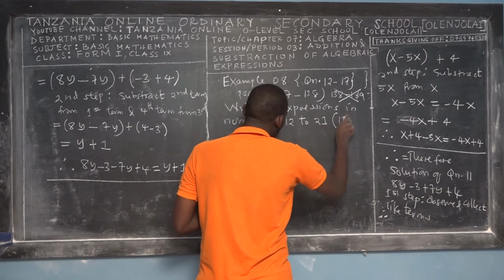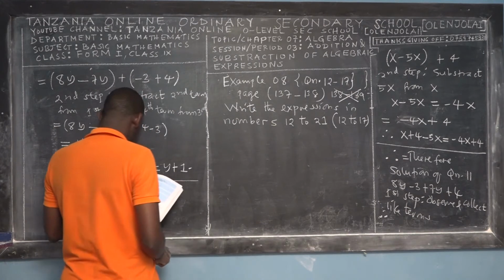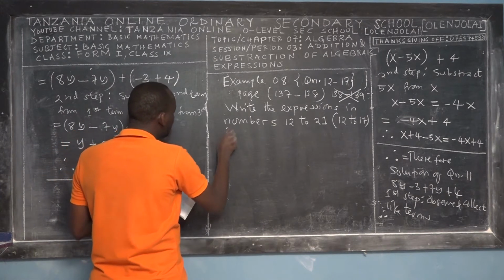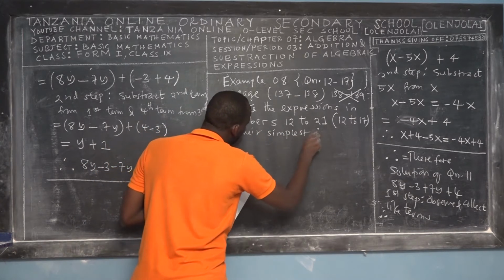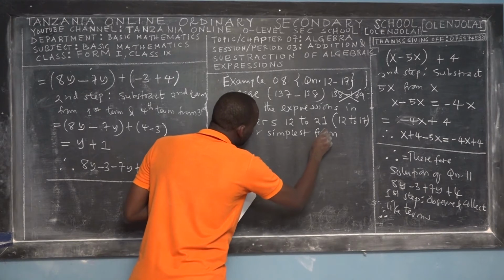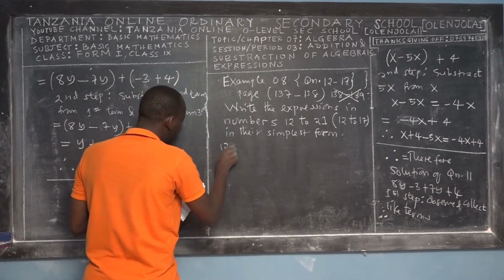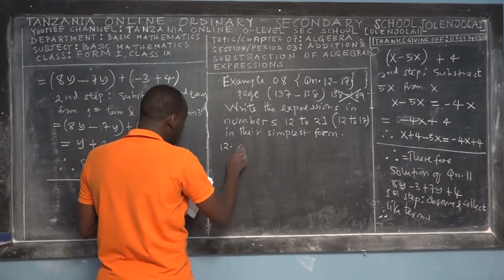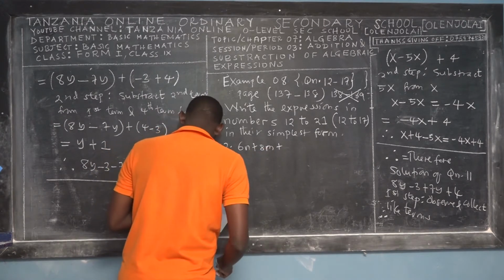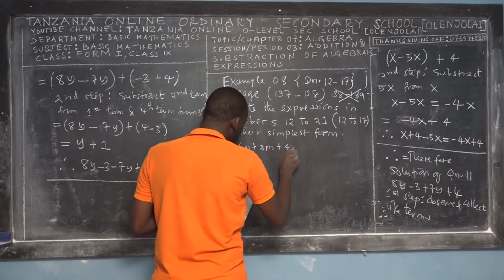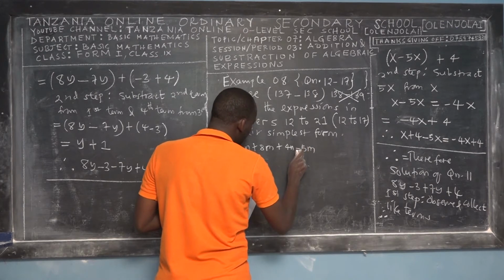However, I have chosen 12 to 17, right? In their simplest form. So you have number 12: 6n plus 8m plus 4n minus 5m.